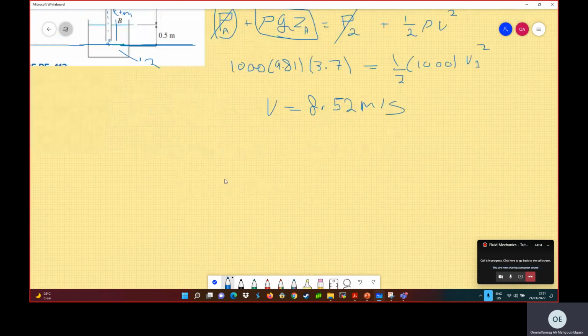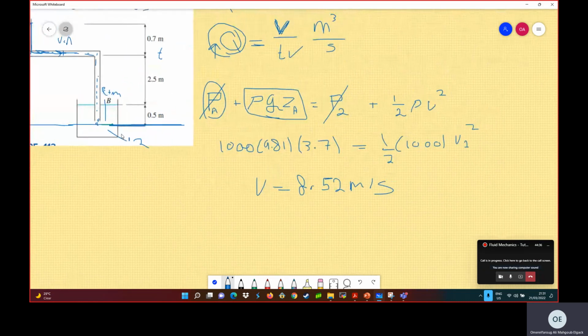So after we found the velocity, as I said, there is a slight difference between this point and this point. Here you have the exit velocity, and you will assume that the velocity will continue. There will be no real difference in the velocity, because there's not much difference in height between those two points. So assume that the velocity will continue to be the same when we reach this point, and the point will be exposed to the atmospheric pressure.